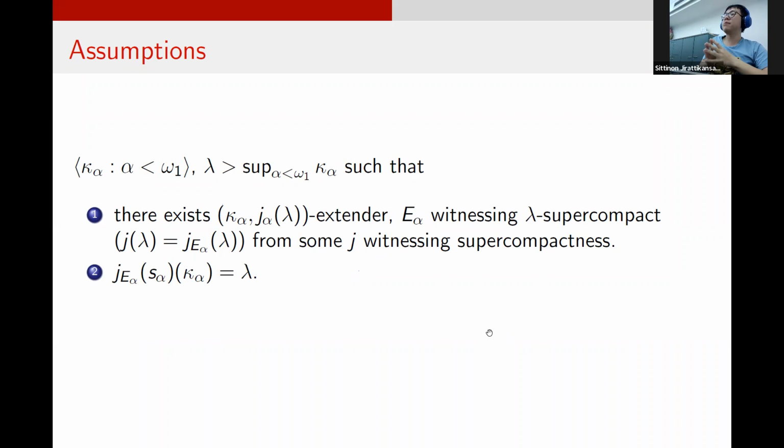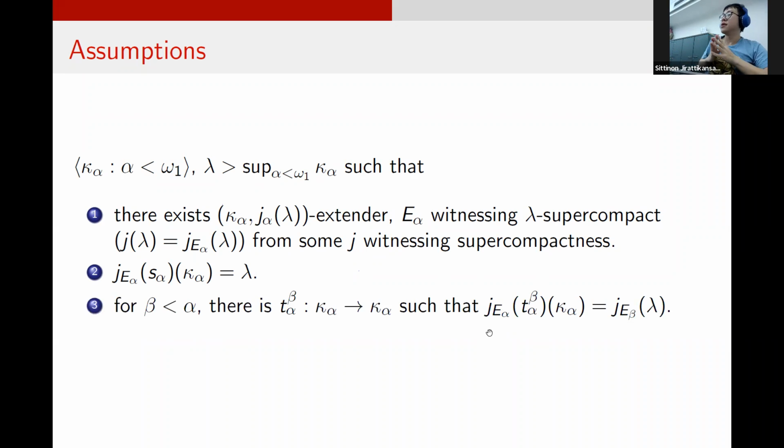And you also need some definability. So for the extender E alpha, I need J E alpha of S alpha computed at kappa alpha is going to be lambda. And there is much more going on right now. So for beta less than alpha, I want to also address the value J E alpha of lambda inside the out V E alpha.